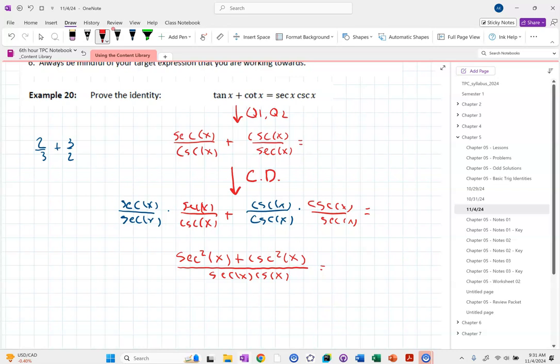And what are we seeing from here? Who likes the way this is heading? If you look at your identity sheet, is there anything clear to use?